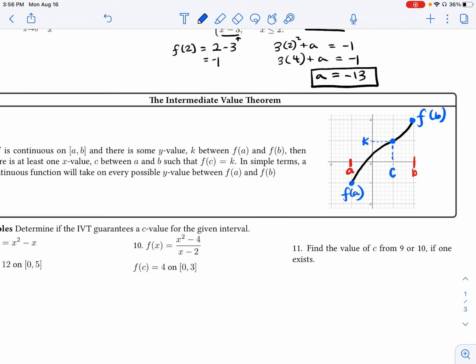It has to happen at least once. There must be at least one x value between a and b that produces this k that is between f of a and f of b.